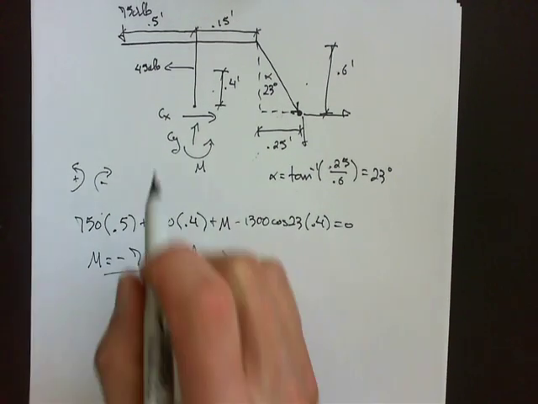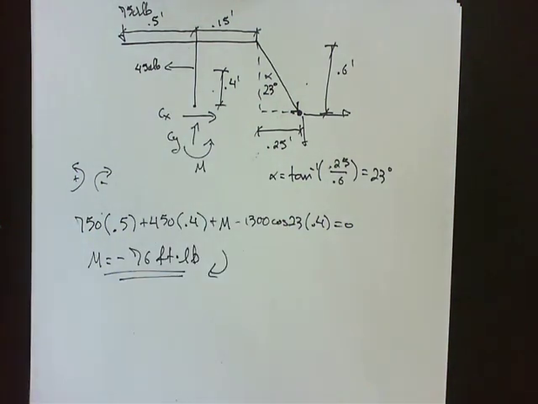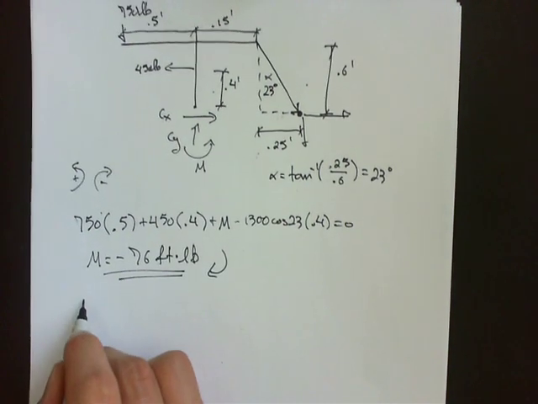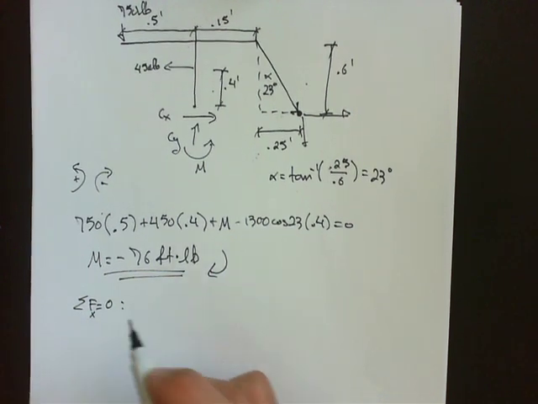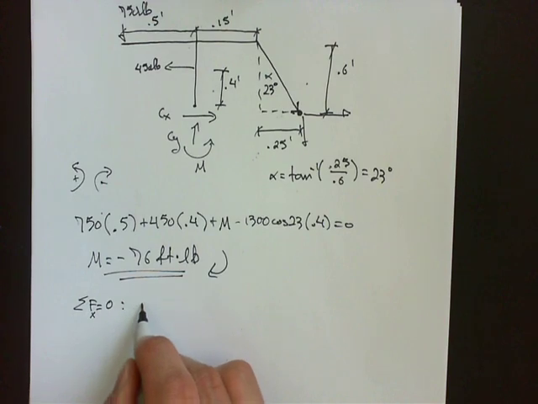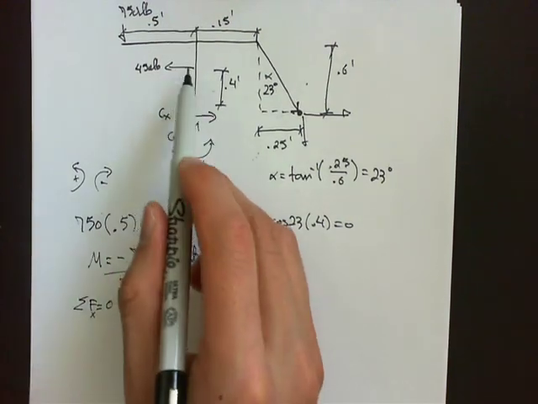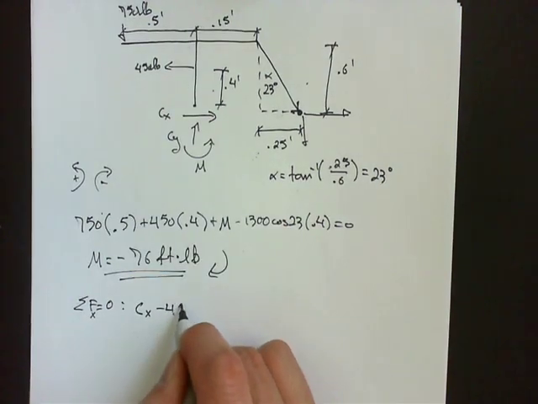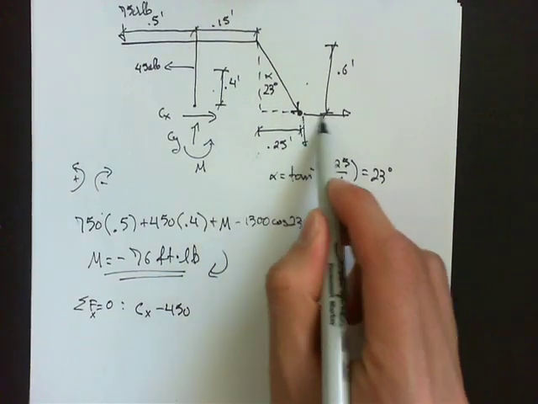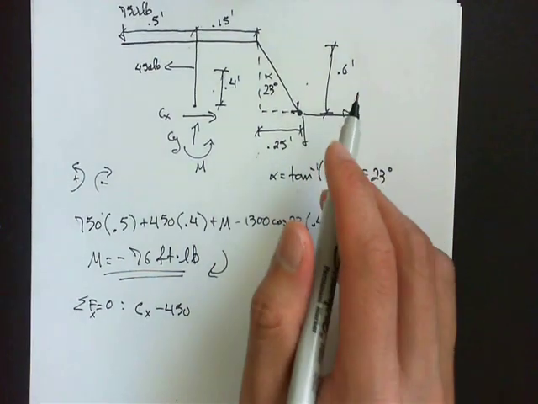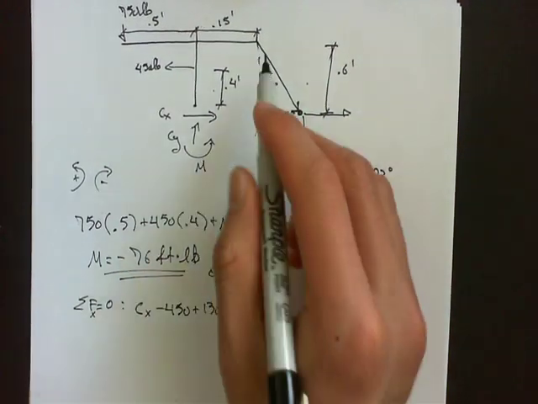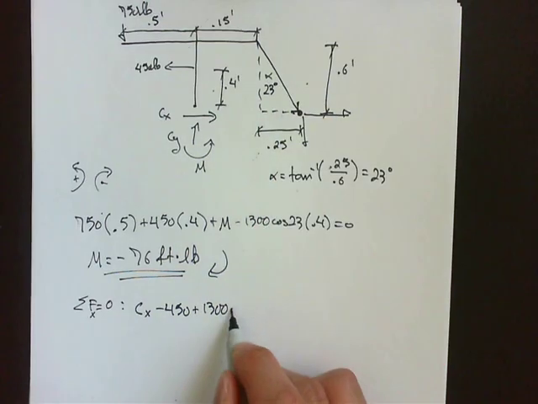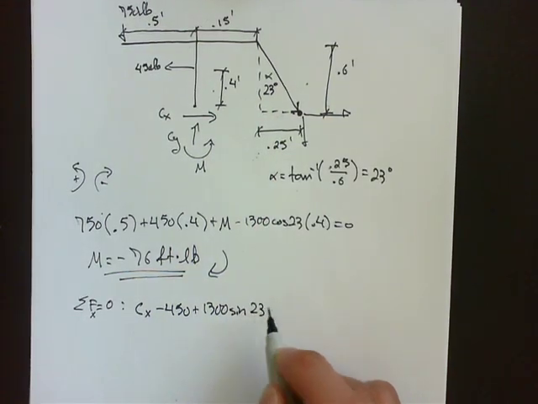And next, to solve for Cx, we sum the forces in the x and set them equal to 0. So sum of forces in the x equals 0. So we have our Cx here. We have this minus 450, and we have this force, which is the x component of the tension, plus 1,300 opposite over hypotenuse, sine 23, equals 0.